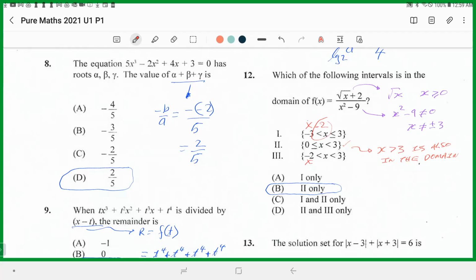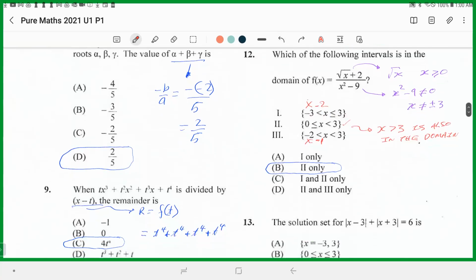In this interval, you can't have it. And this one, because it's greater than negative 2, it also means that this interval would have negative 1 in it, and you can't have it. That's why I'm xing those out. Not because of the negative 3, because it says greater than negative 3. So it's not including negative 3, but the interval is including a value like negative 2. So that's why I'm xing them out.